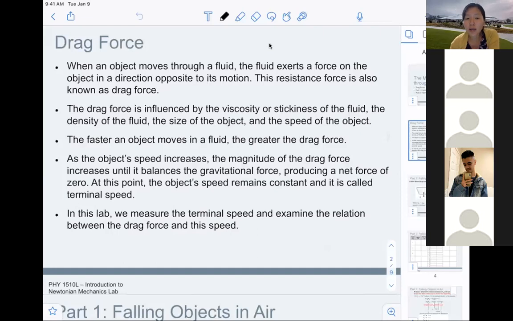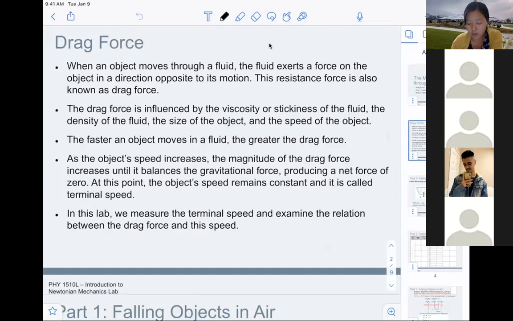Also, if the object has a very big surface area, like a parachute, of course, we are really relying on the air resistance to slow people down.